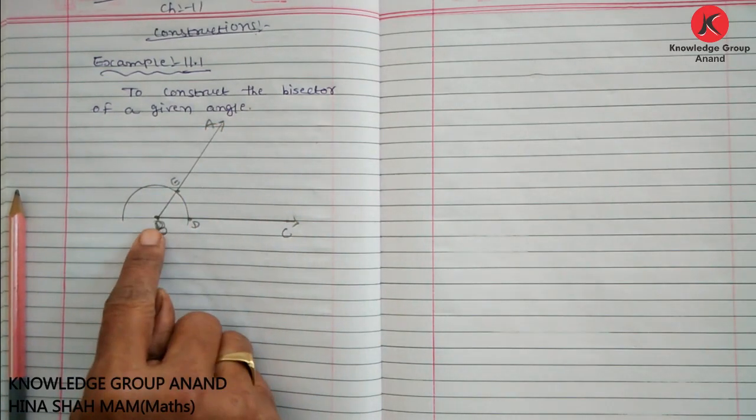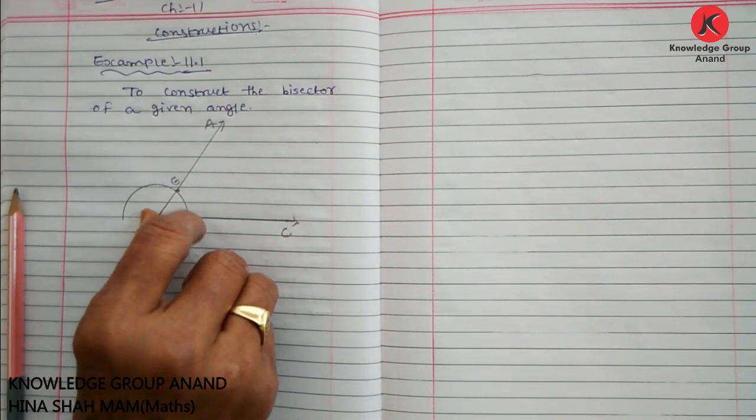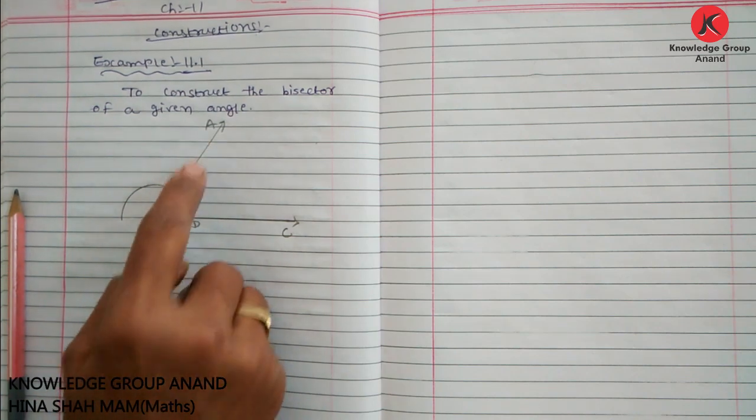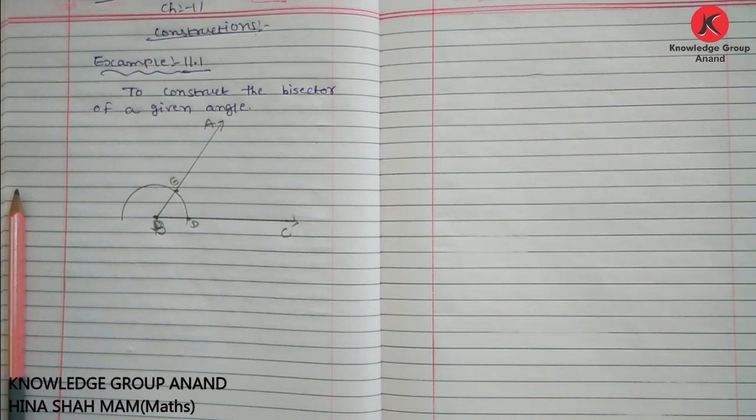We have the given angle ABC. Taking B as center with any radius, draw an arc which intersects BA at E and BC at D.